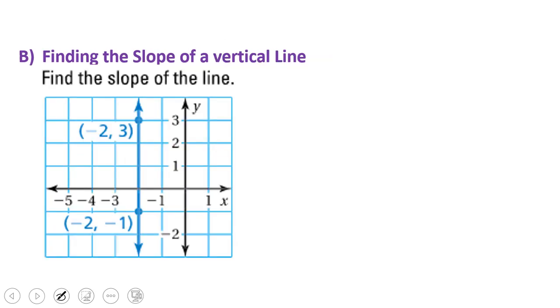Let's go on to a vertical line and find the slope of the vertical line and do the same thing. This time, using rise over run, I'm going to start at the point at the top and count down: 1, 2, oops, I hate when it does that. 1, 2, 3, 4. So if I go down 4, that's negative. And my run, well, I can't go right at all, so it's 0.